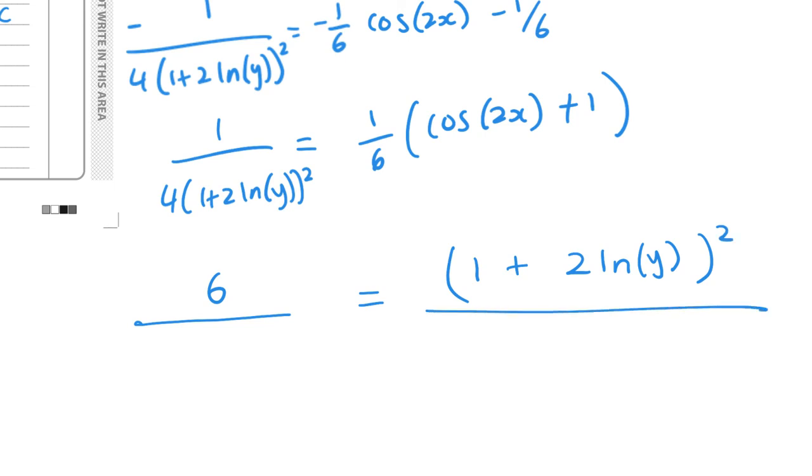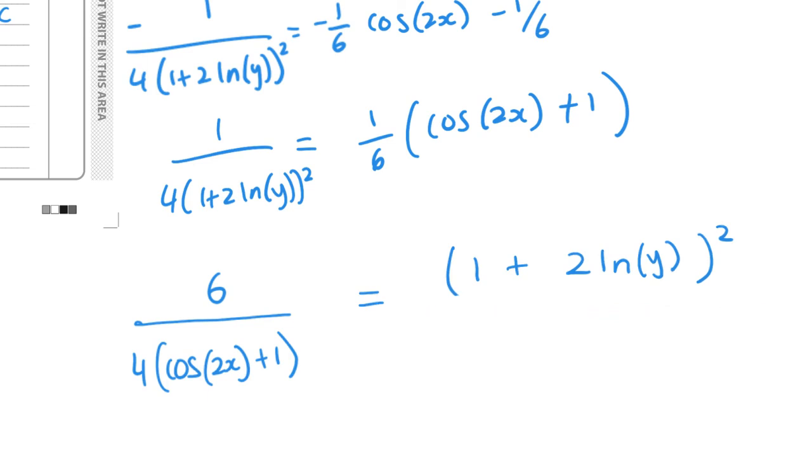Okay? Divide both sides by cos of 2x plus 1. Happy? And this just becomes over 1. So this is where I'm at. Is everyone here with me?